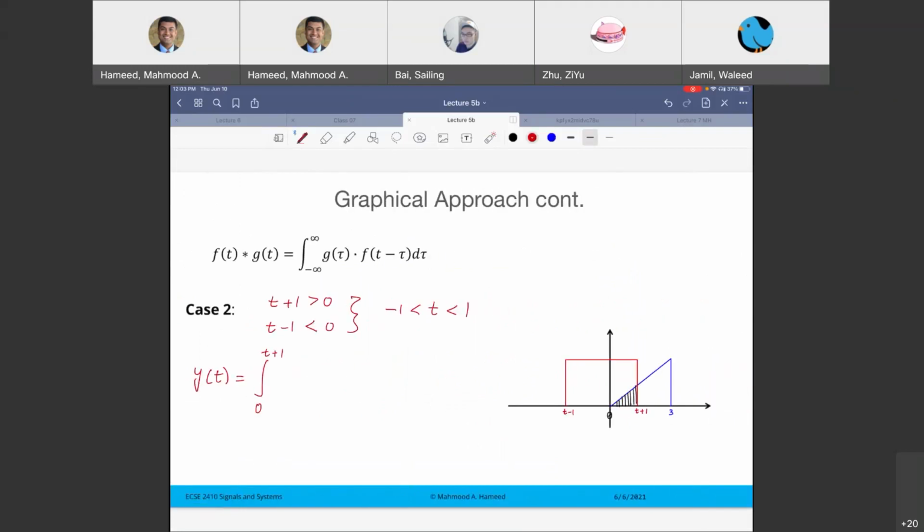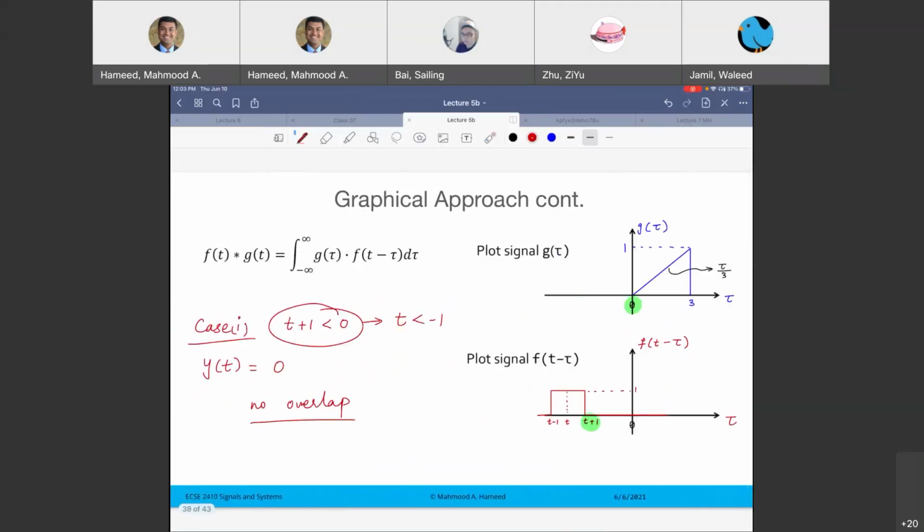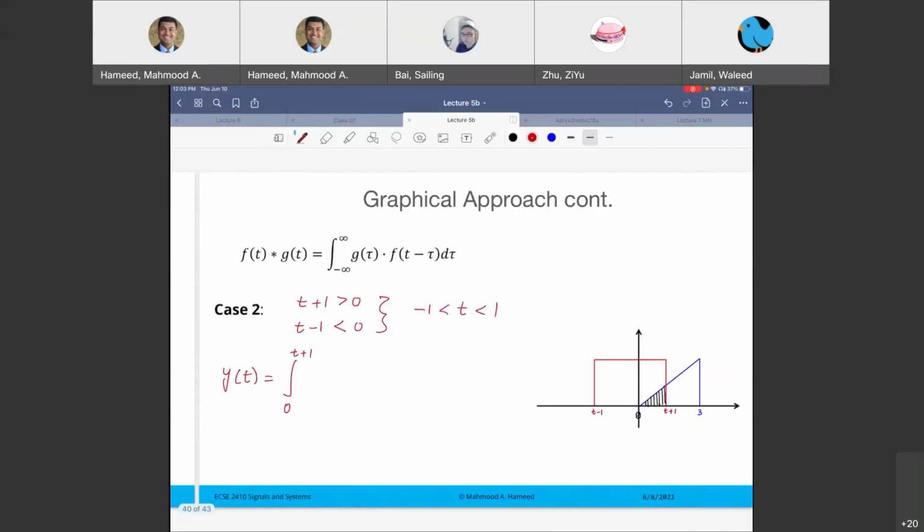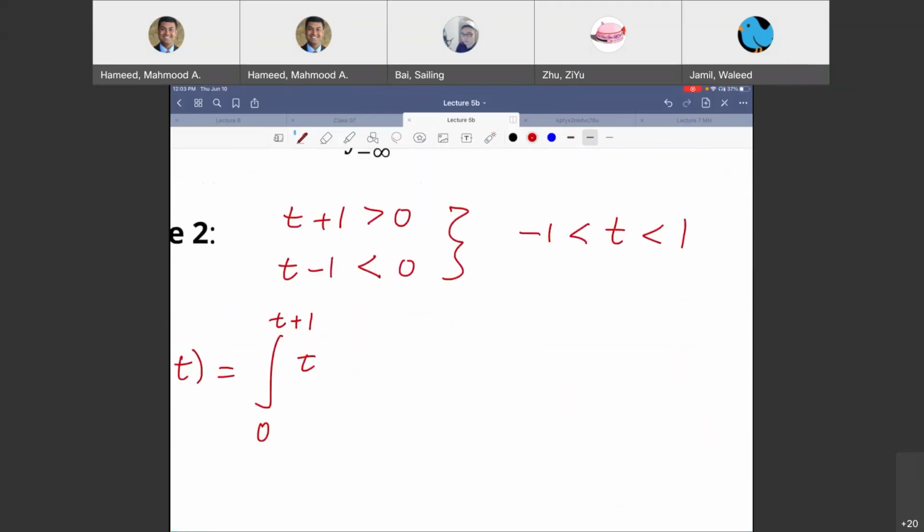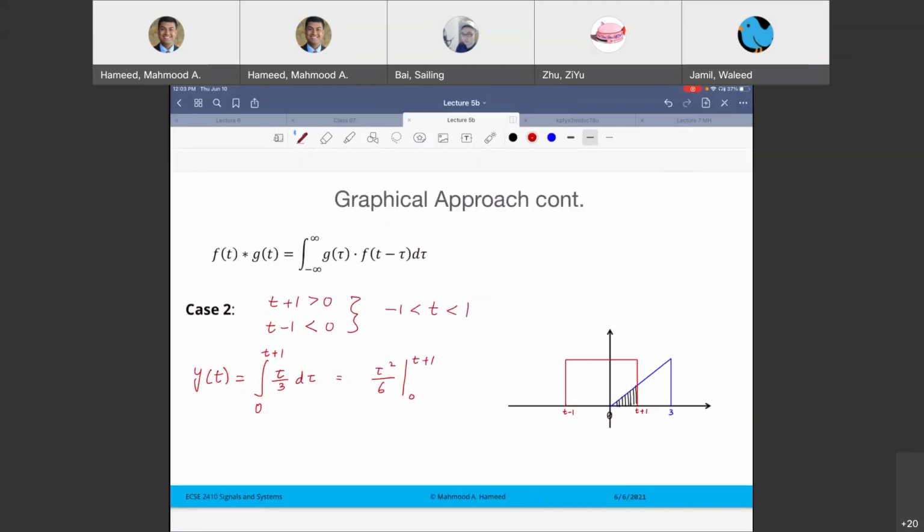What are we integrating? There you go. What do you get? Tau squared divided by 2 times 3, limits t plus 1 and 0. What do you get there? t plus 1 whole squared divided by 6.